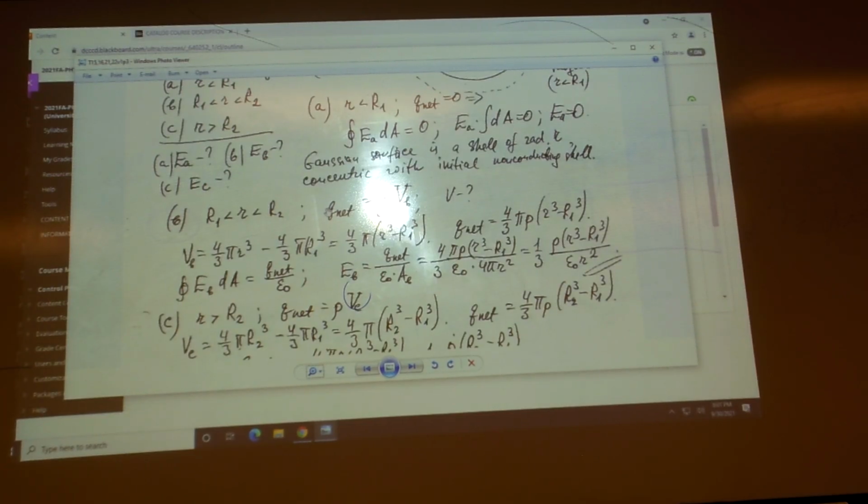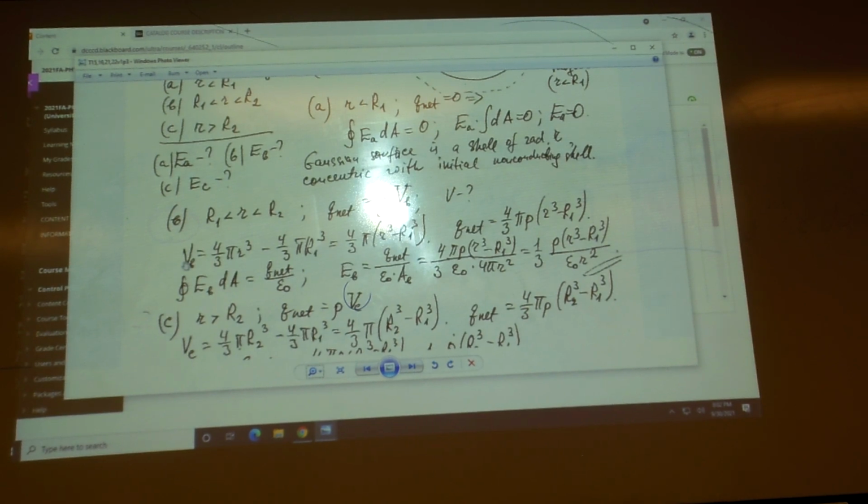So we need to find that Q enclosed, or here it is denoted Q net. Obviously, it would be a charge density rho multiplied by volume, which is enclosed by that particular Gaussian surface. So volume of the sphere 4/3 pi r cubed, we know, but because inside it would be that empty sphere, we need to subtract that volume of the small sphere inside, right?